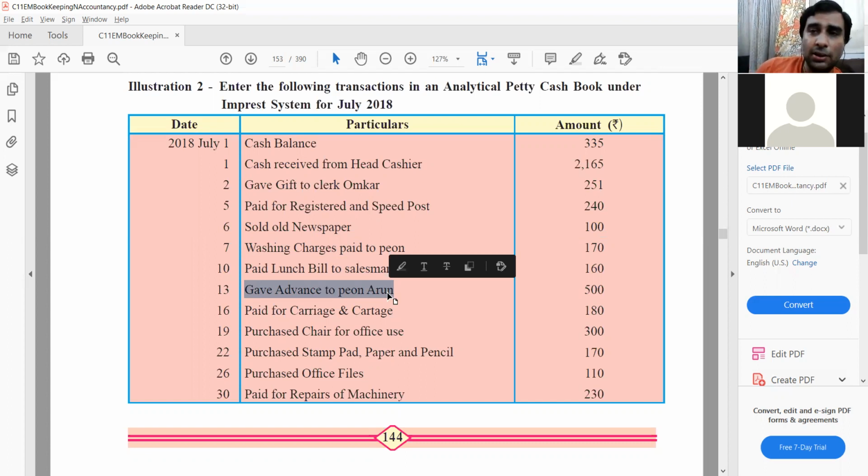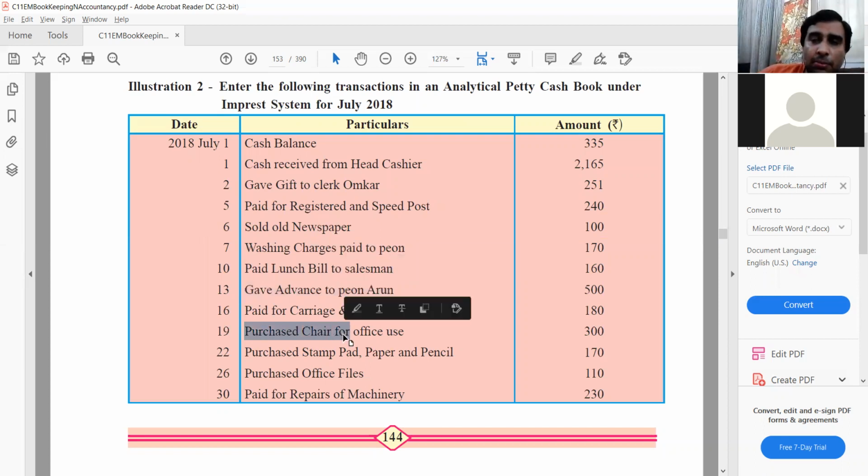Okay, all of the other expense items, you will have a column, and if they don't have a special column, then you can put it in miscellaneous. And the same way, that is why where there was that purchase of the chair, the chair is again not an expense because the chair will be used for many years. So that is a real asset. Chair is a real account, and real accounts are not expenses, nominal accounts.